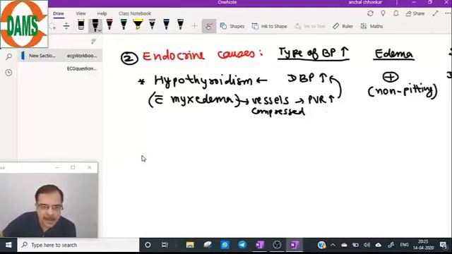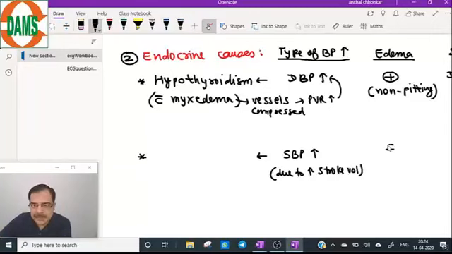Now, number two cause. In the number two cause, the main blood pressure which is elevated is systolic BP. And why is systolic BP elevated? Due to increased stroke volume.